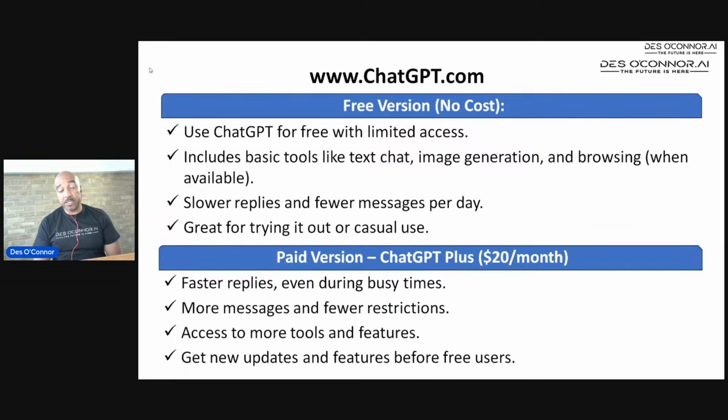Everybody on the free plan receives a credit. It includes basic tools like text, chat, image generation, and browsing when available. It has slower replies and fewer messages per day. It's great for trying out, just for casual use. So if you're just testing it out and you're not sure whether this is the one you want to use, then I'd recommend just dabbling with the free version.